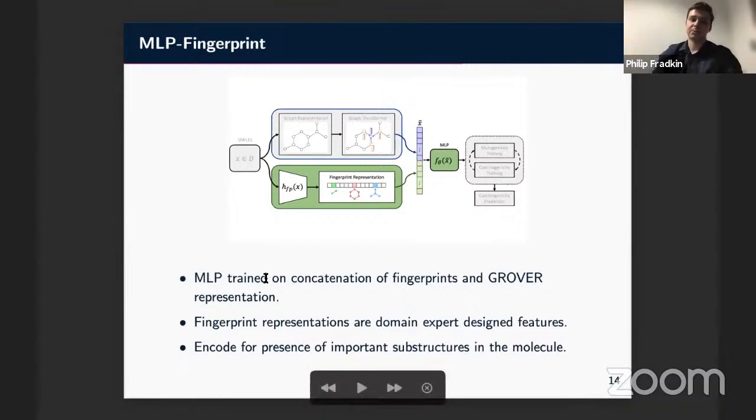So the second part is our multi-layer perceptron fingerprint predictor. It's trained on a concatenation of the Grover representation and the fingerprint representation. And as I mentioned, fingerprint representations can be thought of as domain-expert-designed features representative of important substructures in the molecule.